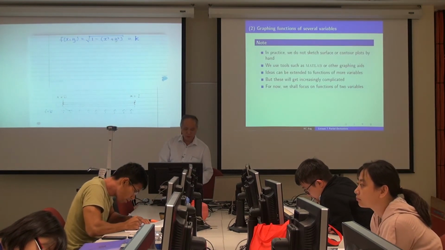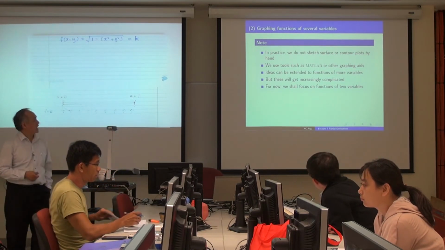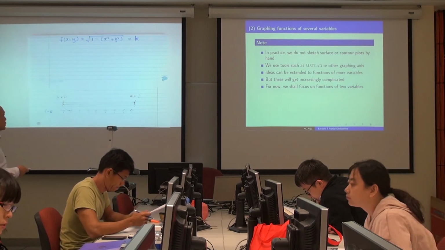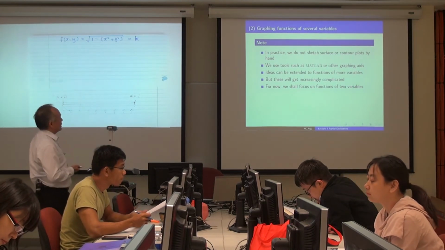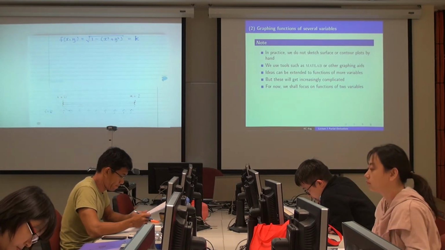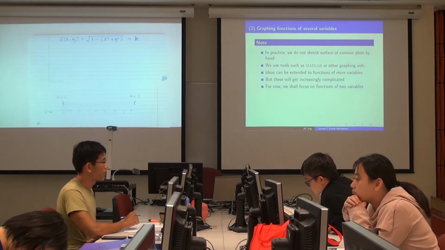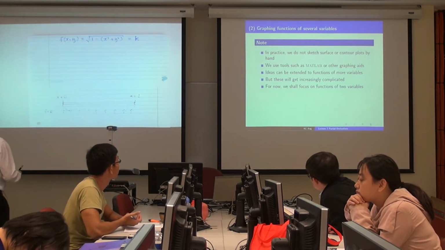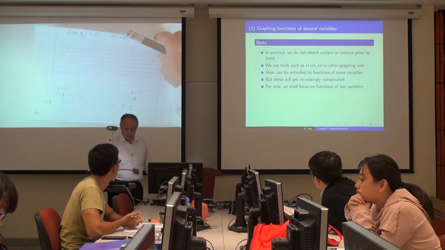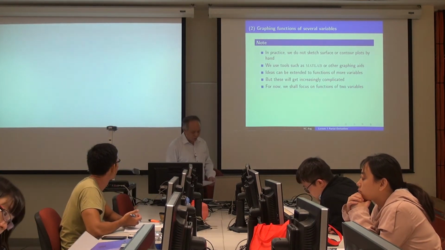So just a few notes here. In practice, we do not sketch these things by hand. We use tools such as MATLAB or other graphing tools. If you know of other graphing tools, that is fine. We can of course extend this idea of graphing to functions of more than 2 variables, but then it becomes difficult to see and describe what we actually want to plot once it goes beyond 2 variables.